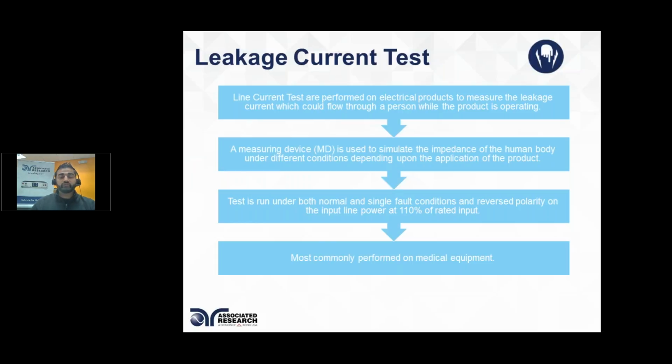Now, in a leakage current test, we have an additional requirement of having an MD, which is a measuring device. A measuring device simulates what a human body will look like when it comes in contact with your DUT. So going back to our example of a toaster, if that toaster is a class 1 product that has a ground pin, and I plug it into the wall and touch the toaster's control knobs, those are all metal.